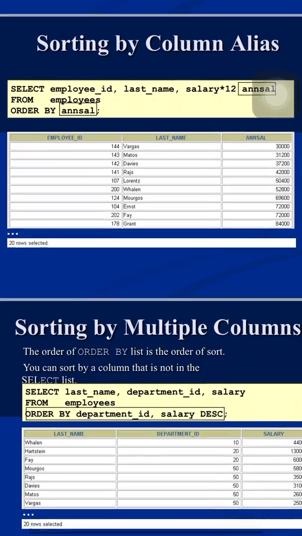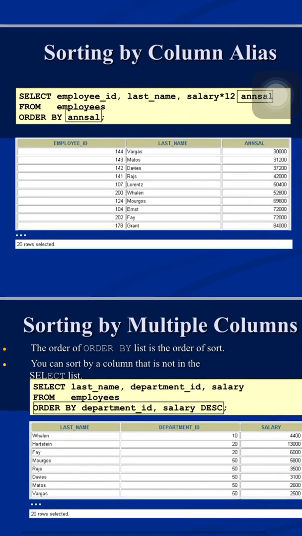We can also sort with the help of multiple columns. Say for example ORDER BY department ID, and salary DESC. What does this indicate? This doesn't indicate that I am doing two sortings. No, I am doing a single sorting. What this indicates is my primary basis of sorting is on the basis of department ID.